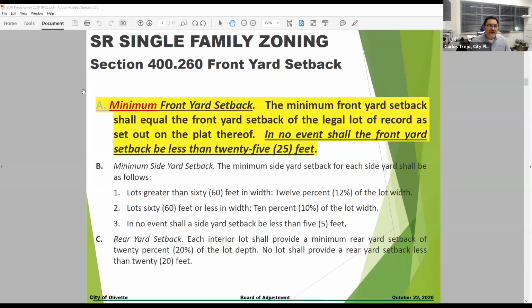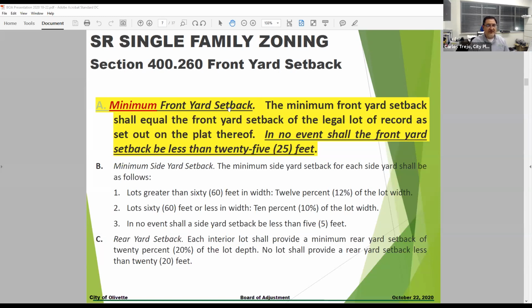In the SR Single Family Zoning District, the city has adopted a minimum front yard setback that's based on how a subdivision has platted their subdivision or their indentures and recorded them in the county.